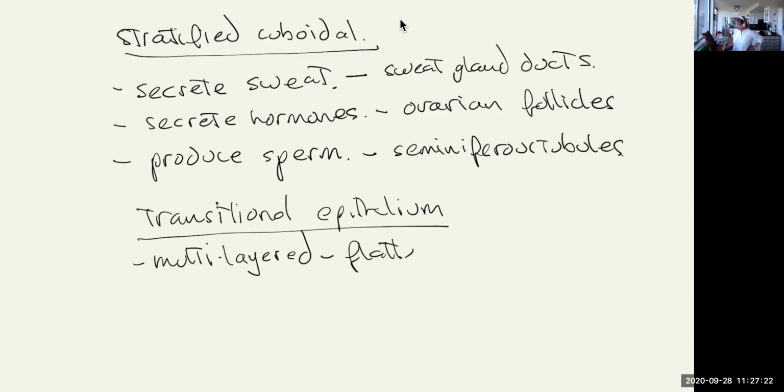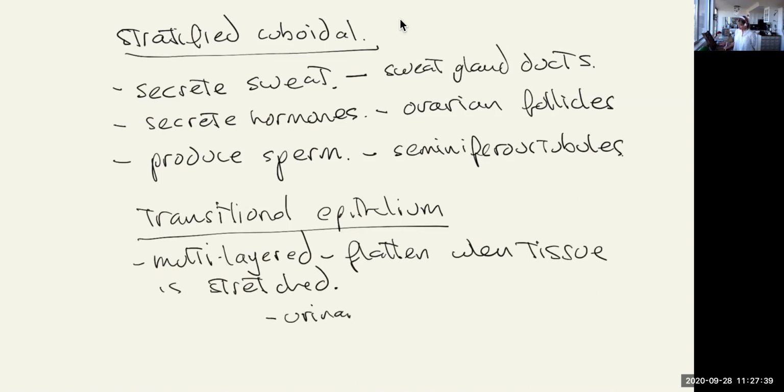So they flatten when tissue is stretched so that the tissue doesn't break. So you find it, for example, in the urinary tract, the kidney, the ureter, which is the tube that takes urine from the kidney to the bladder, and the bladder itself.